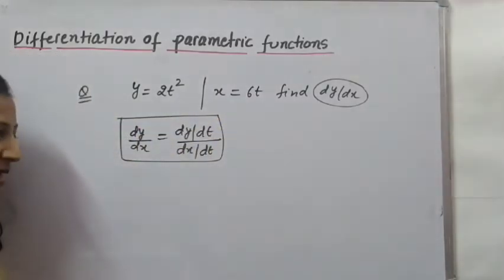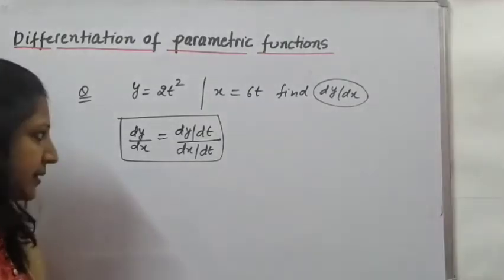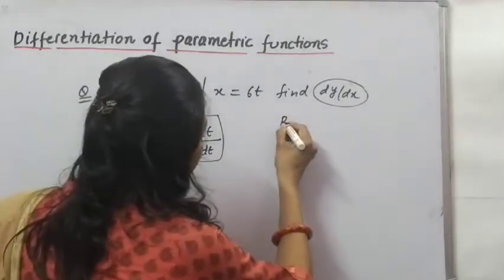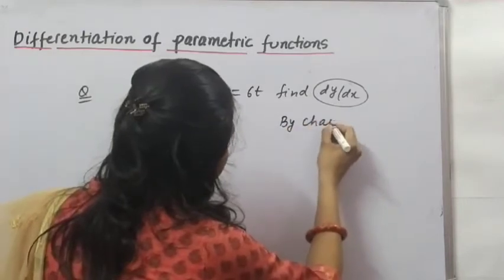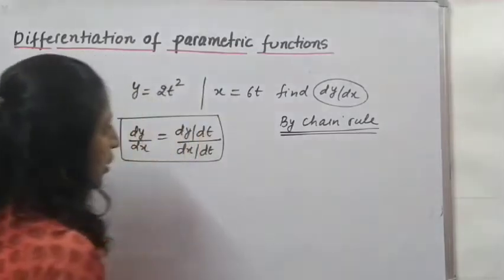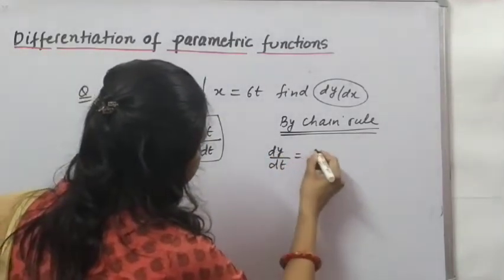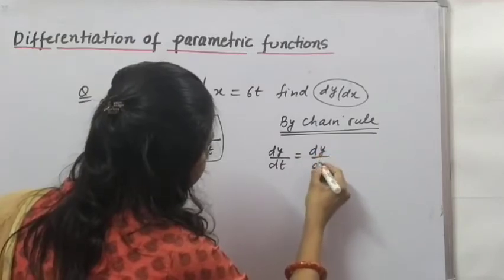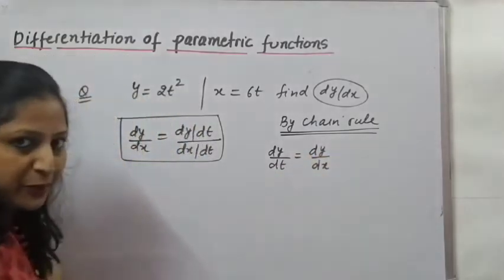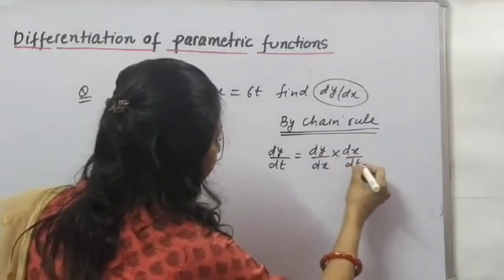Now the question arises, how is this formula derived? Let us see. We know by chain rule, we already studied about chain rule. So by chain rule, we can write dy by dt as dy by dx, that is the derivative of y with respect to x, multiplied by the derivative of x with respect to t.